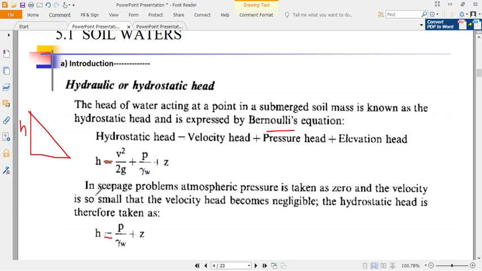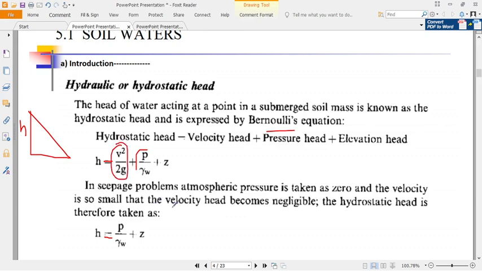In seepage problems, atmospheric pressure is taken to be 0, and the velocity is so small that the velocity head becomes negligible. So the velocity head becomes 0.